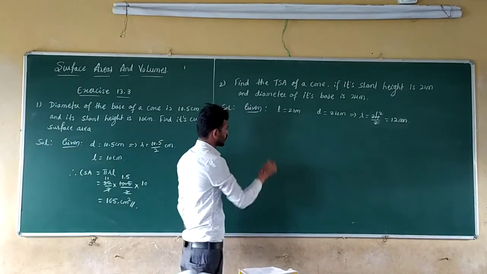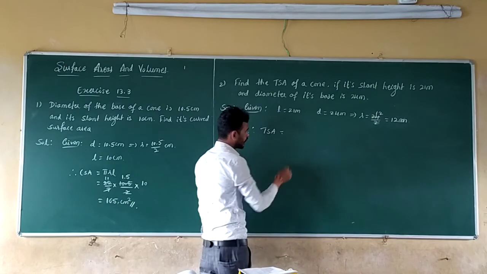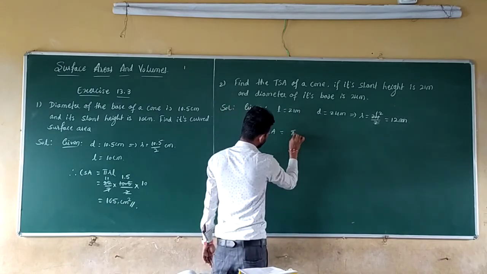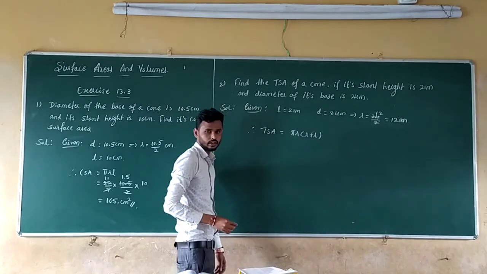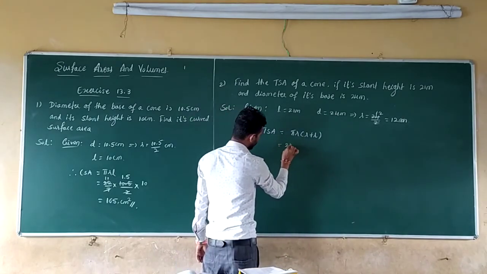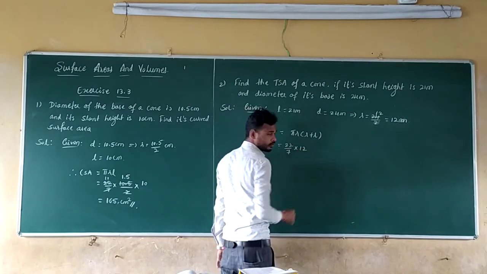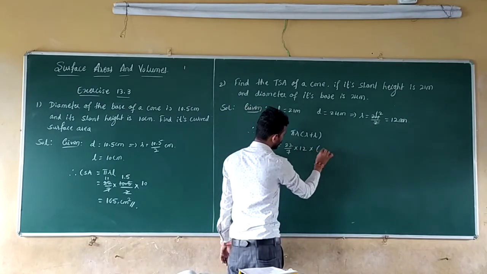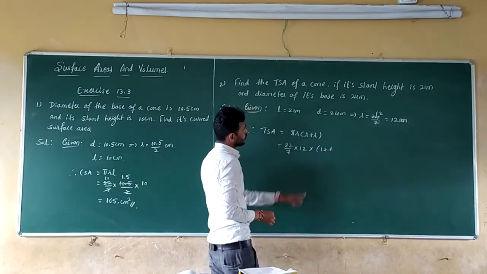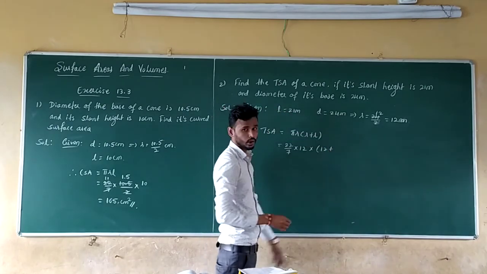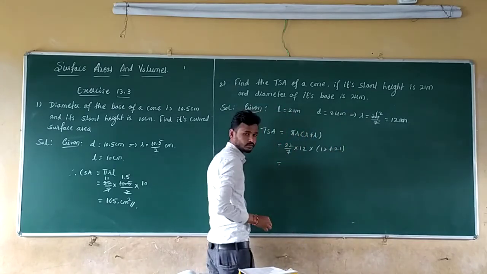Now find the TSA. Therefore, TSA equals pi r into bracket r plus L. So pi value is 22 by 7 into radius 12 into radius 12 plus slant height 21.